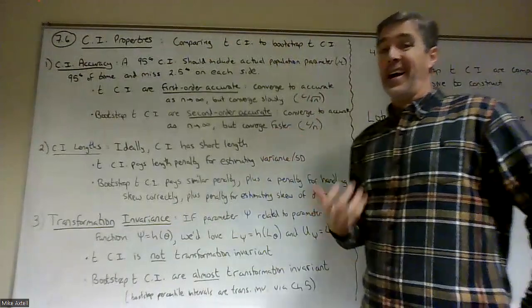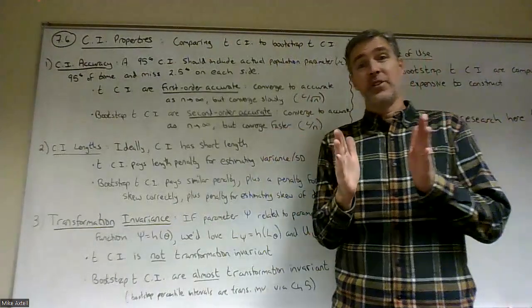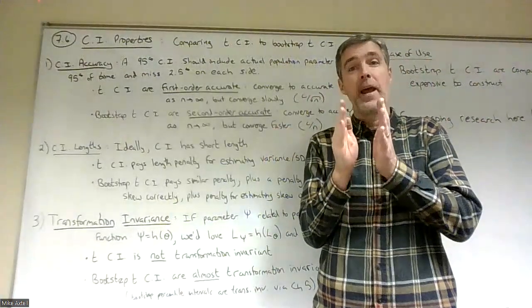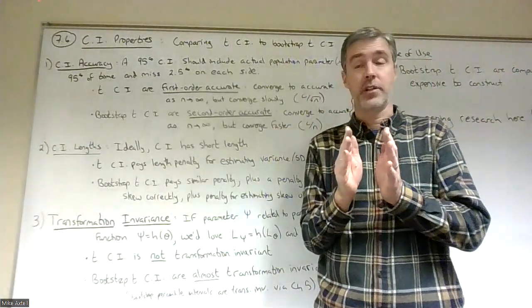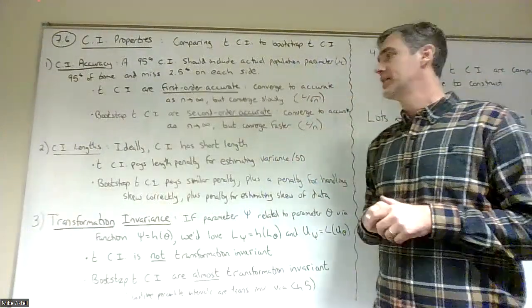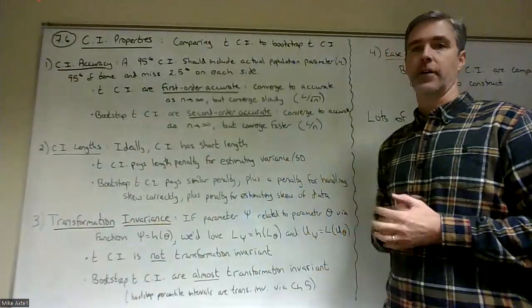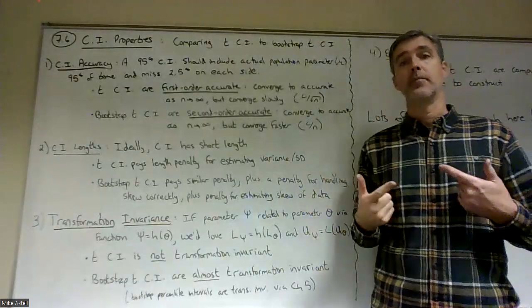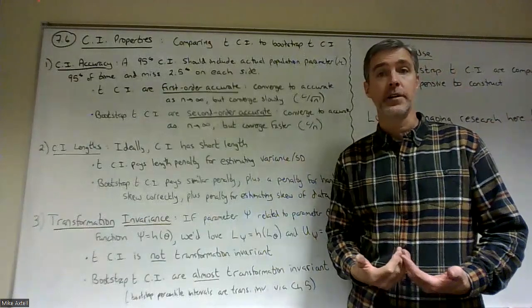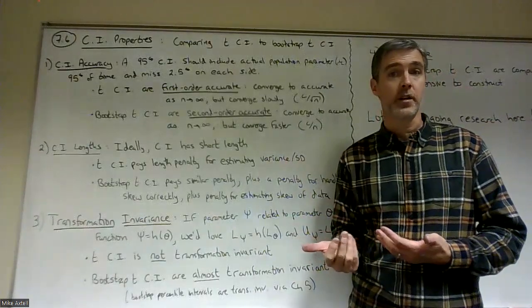Lengths. Ideally, our confidence intervals aren't too wide or too long, right? We want sort of a narrow band for where we think this population parameter should lie, okay? Well, the t confidence interval pays a length penalty for estimating the variance or the standard deviation. So remember, we used a t confidence interval when we didn't know the variance of the normal distribution that we're dealing with, okay?